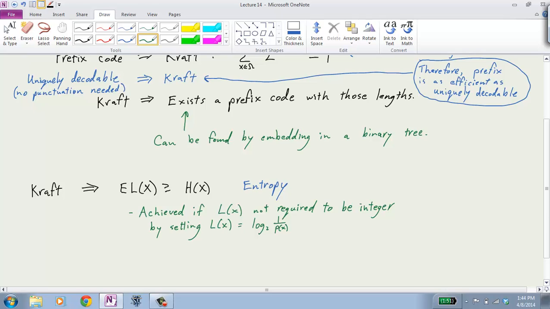So now another thing to keep in mind is that this is achieved if these values just happen to all be integers.